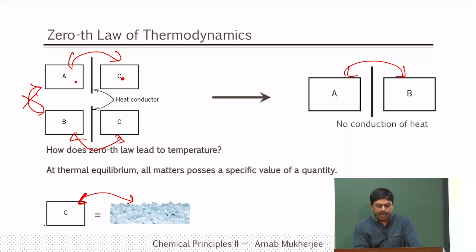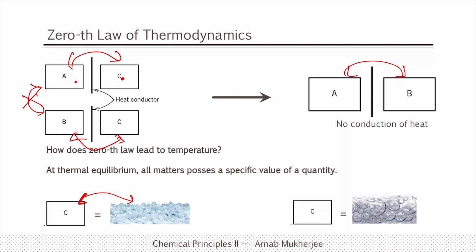When A is in contact with the ice, A will have the same quantity, which is temperature, as the ice. If C is boiling water, then when A is in contact with C, it will have the same temperature as the boiling water.